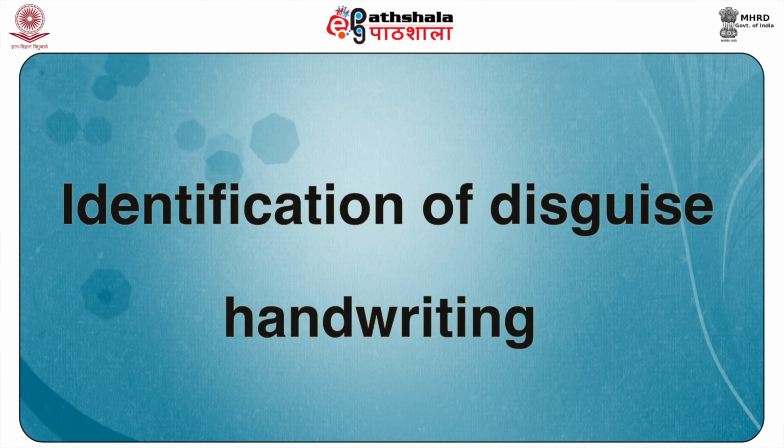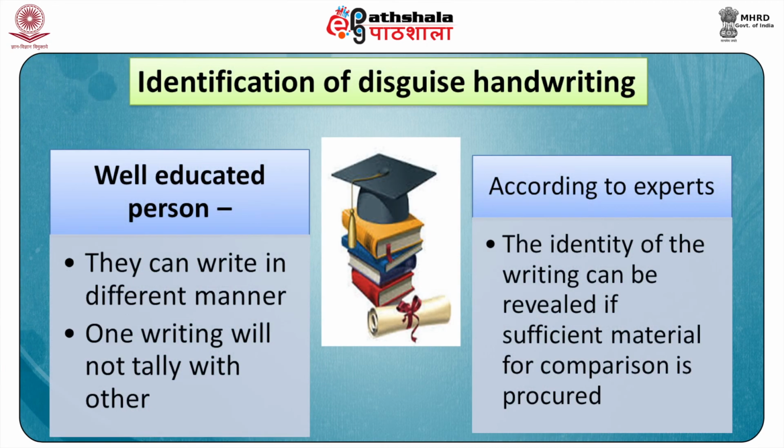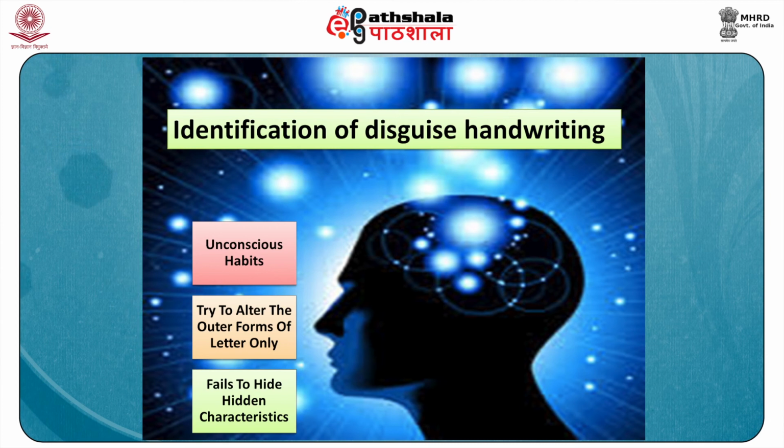Now, let me tell you how identification of disguised handwriting is done. A well educated person, when they write, can write in a different manner, and the one writing will not tally with the other. It is not just difficult but impossible for an individual to materially change their writing habits.